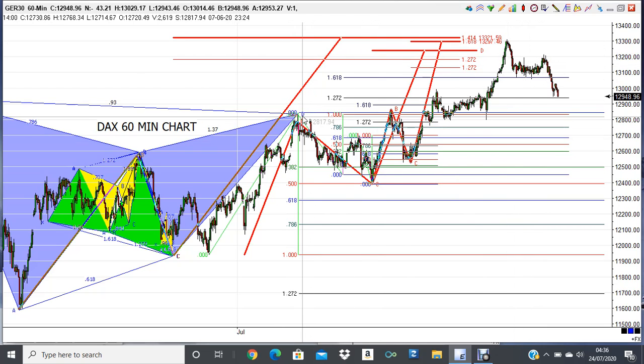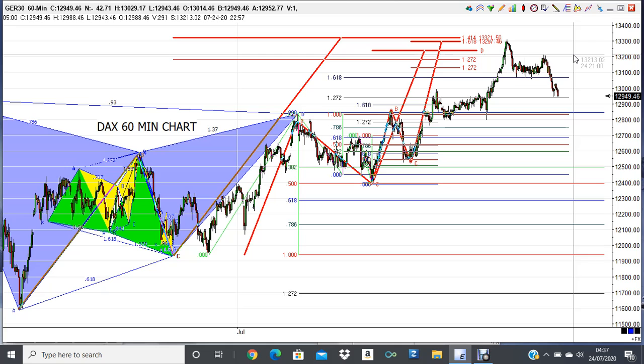We had one over here, we had an ABCD here, but then you can see we rallied quite strongly. And once we take out point C, that was telling us, and we do the higher low once we started higher. So point B is key.